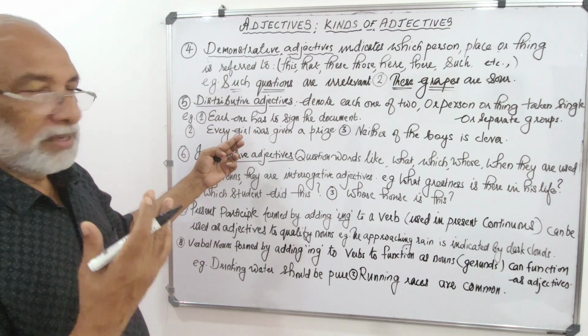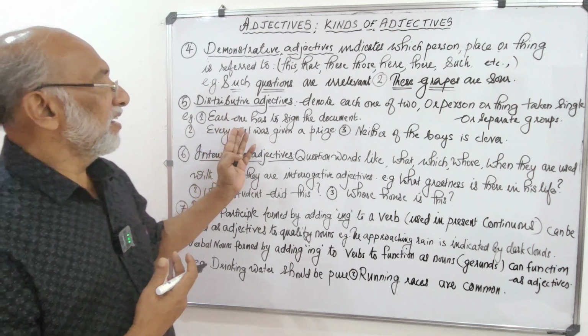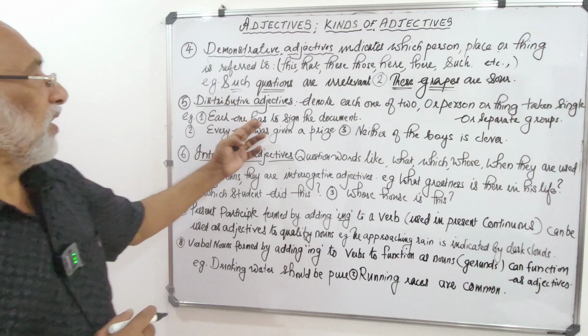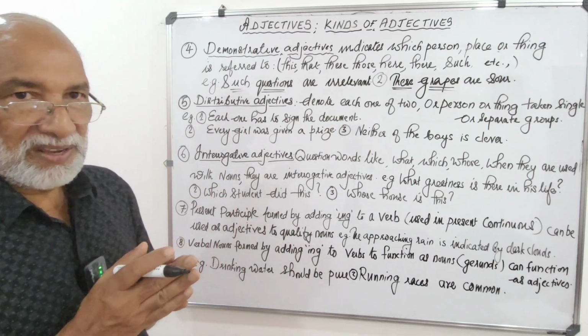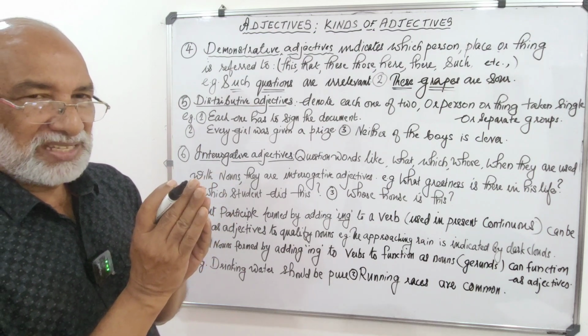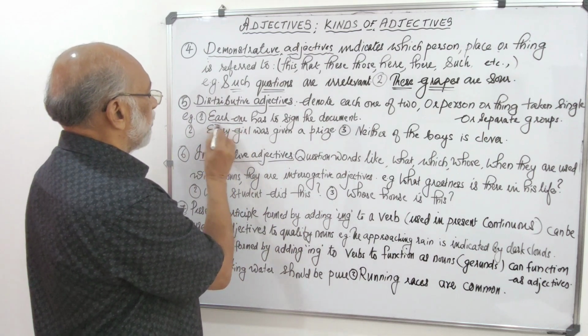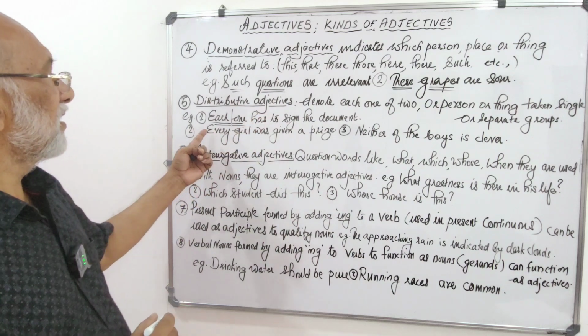The main important distributive adjectives are each, every, neither, etc. Example, each one has to sign the document. Suppose there are 5 people, then we consider them separately and we say that each one has to sign. So each is the distributive adjective here.